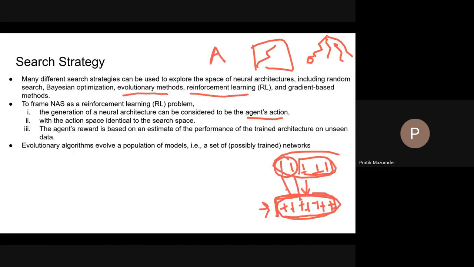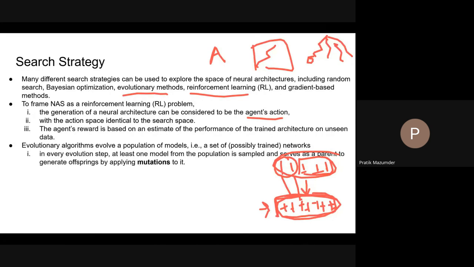So there is some mutation. In this way, you're trying to replicate evolution. That's the objective of any evolutionary algorithm. But a difference from a standard search strategy is that you will keep a set of trained networks, other than, say, a single network that you're always trying to test out.